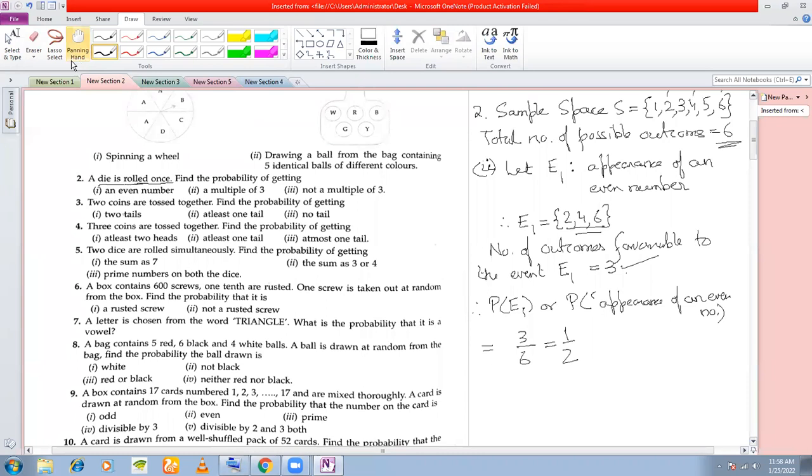Now look at number 2. The second question is: find the probability of getting a multiple of 3. So we define the event E2, because E1 is already defined. We'll define E2 as appearance of a multiple of 3.